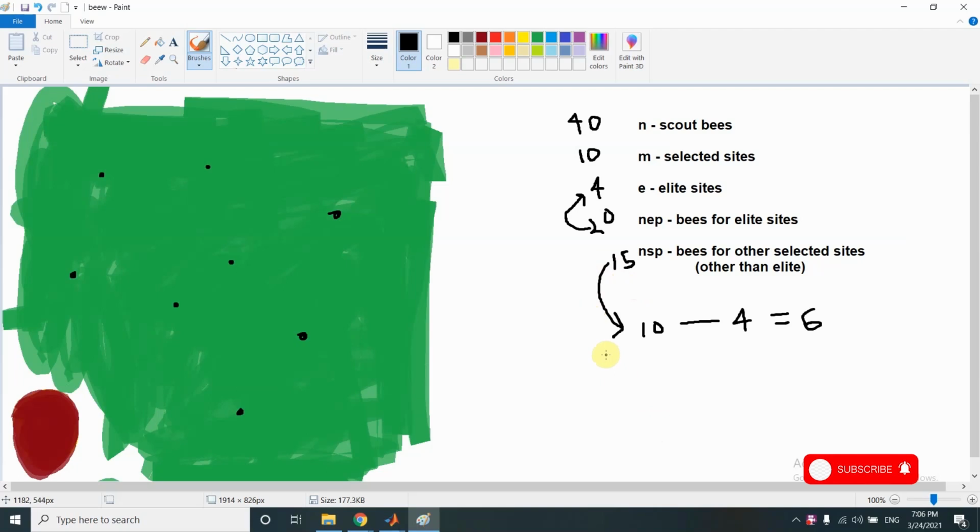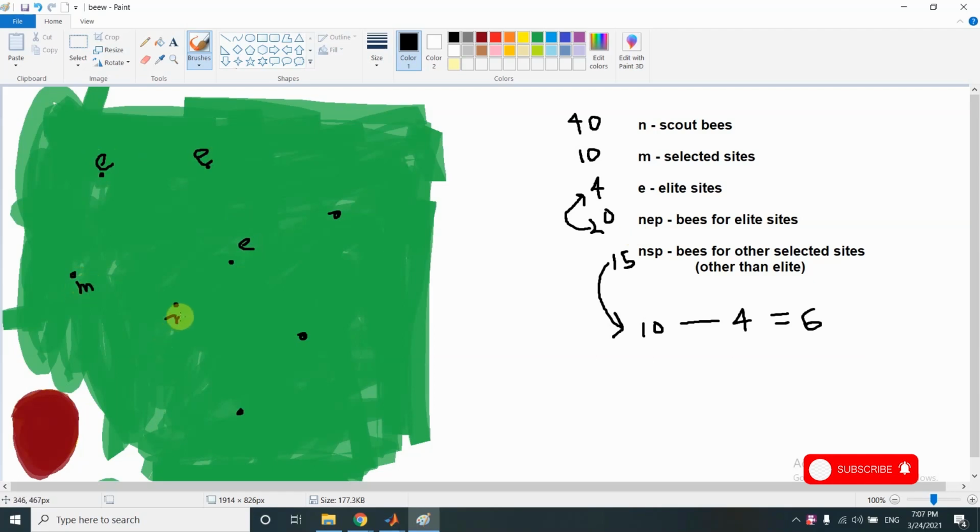And this process will keep on repeating, because all these bees will now go to the sites and search for food in the vicinity of that location. That is, for the bees which are sent to the elite sites and selected sites, let's say that this is an elite site, this is an elite site, this is an elite site, and this is a selected site which is not elite.